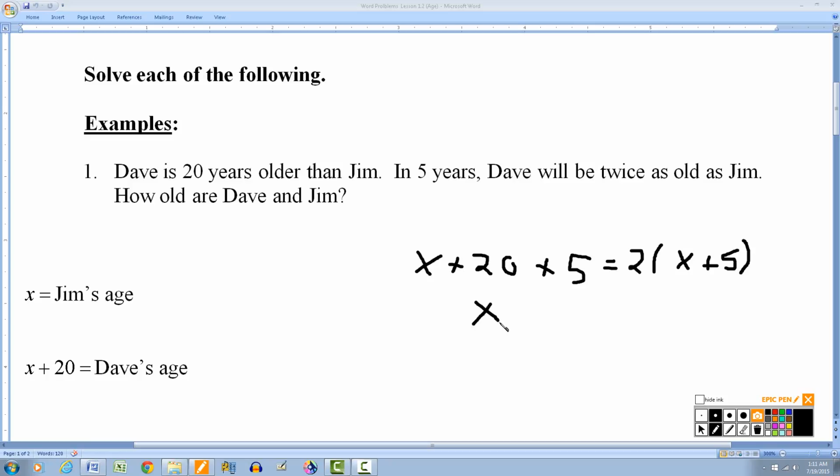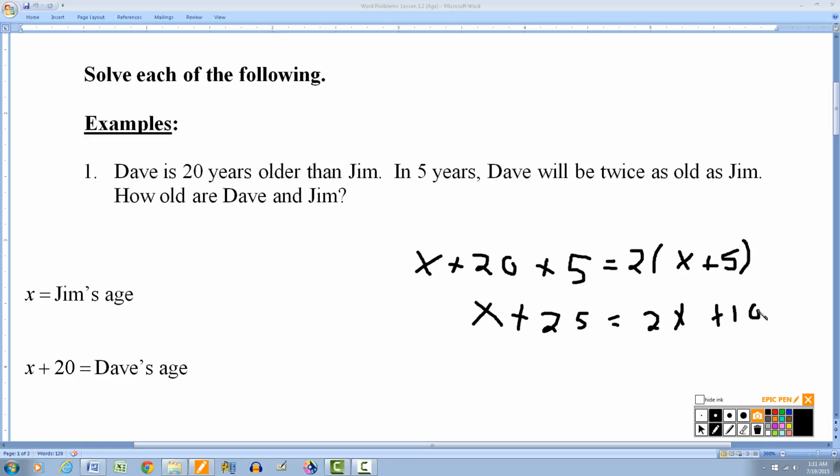x plus 20 and 5 is 25. And then on the other side I multiply through, distributive property. 2 times x will be 2x. 2 times 5 is 10. It's a linear equation, first degree equation, very basic. All we have to do is isolate the variable, so we want to get the x on the same side.